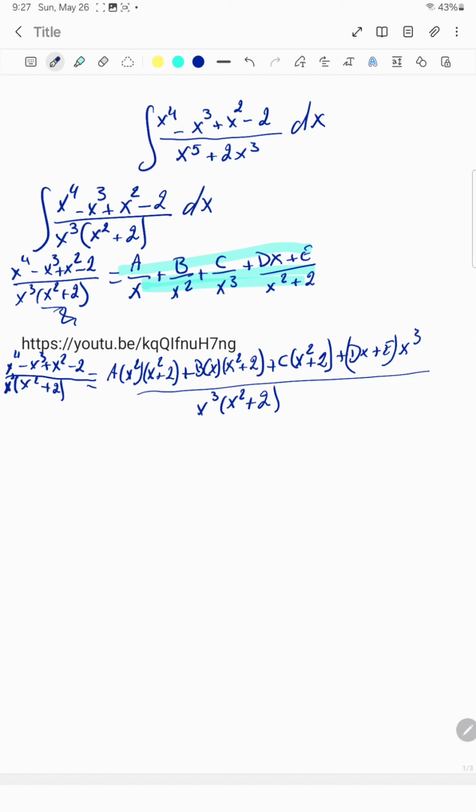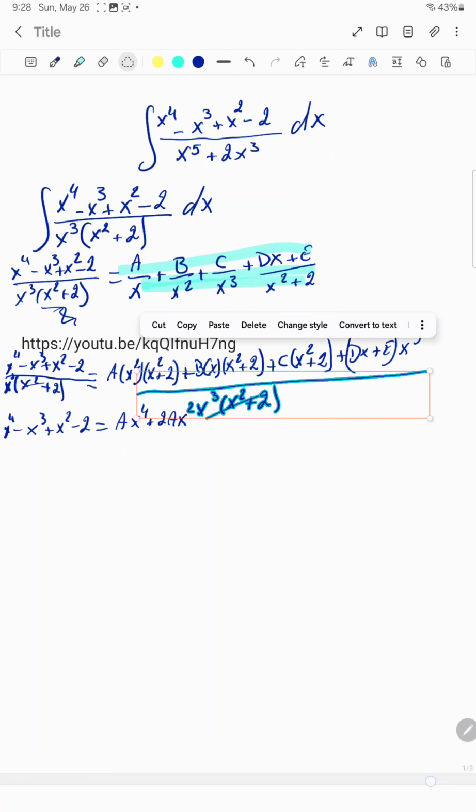Because I have the same denominator on both sides of the equality, I can take out the denominator. So my x to the power of 4 minus x to the power of 3 plus x squared minus 2, let's develop the right-hand side. ax squared times x squared is ax to the power of 4, and ax squared times 2 becomes 2ax squared.